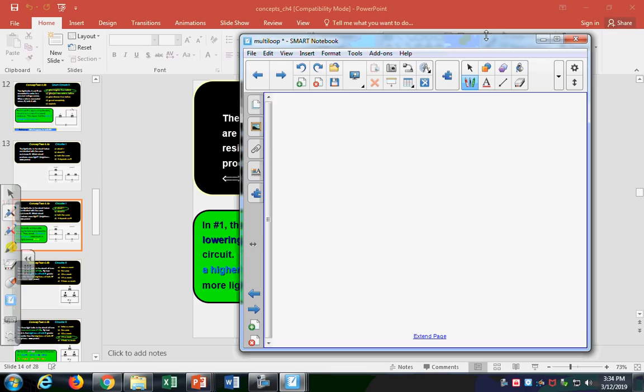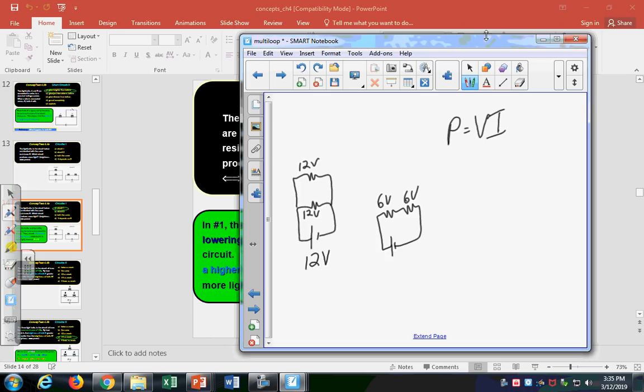So if I have two light bulbs in parallel, let's say I have 12 volts here. I know I have 12 volts here and 12 volts here. And then if I have two light bulbs in series, I know I have 6 volts here and 6 volts here. Now power is equal to V times I. These two on the left, these parallel, they have a bigger voltage, right?